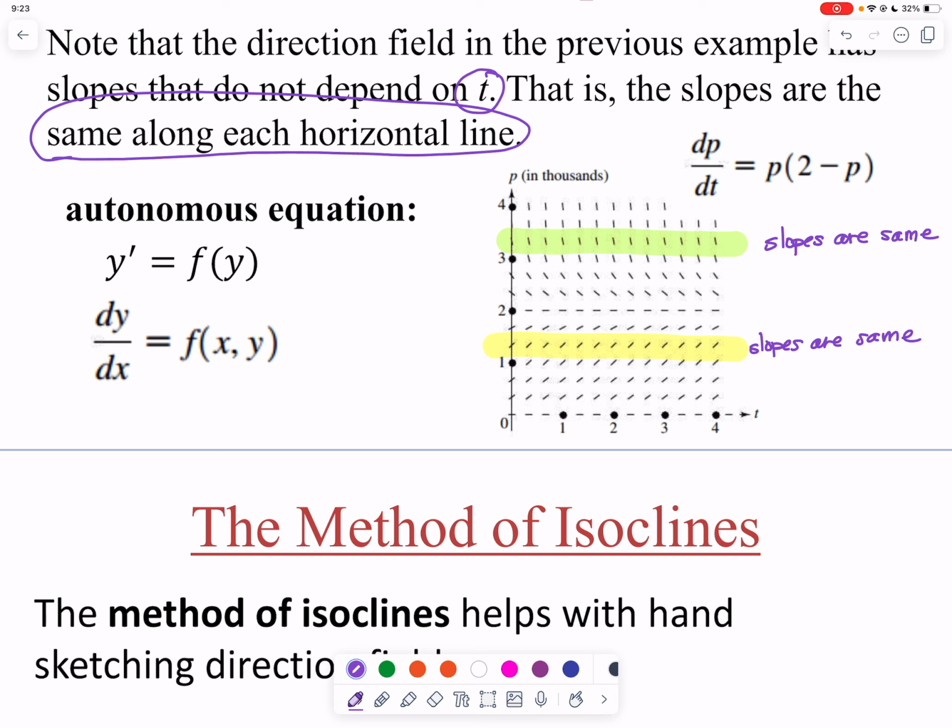Using what we call the method of isoclines will greatly help us sketch these direction fields. As you can see here, this is a previous example. All of the slopes depend on P, our dependent variable, so they are independent of t.